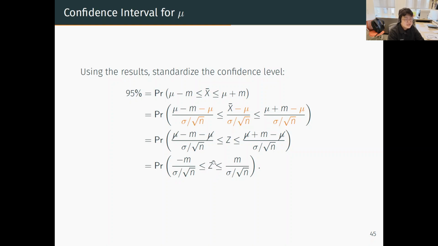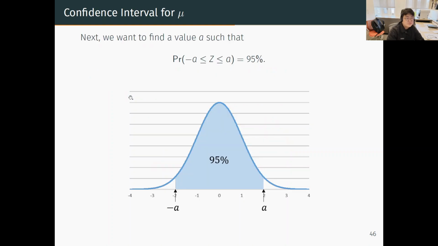We did many exercises like this and it equals 95%. So in the end, the format is we have z in the middle and there is minus something and plus something. The only difference on the left and the right is the sign. So between plus minus some number, the probability must be 95%.